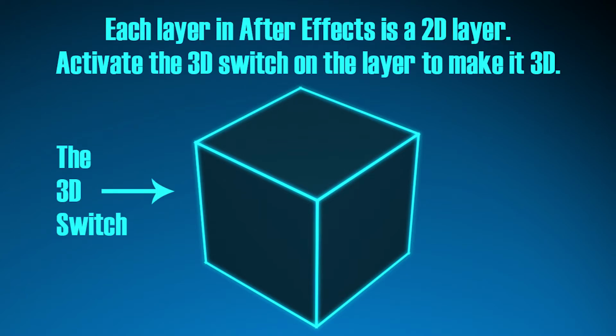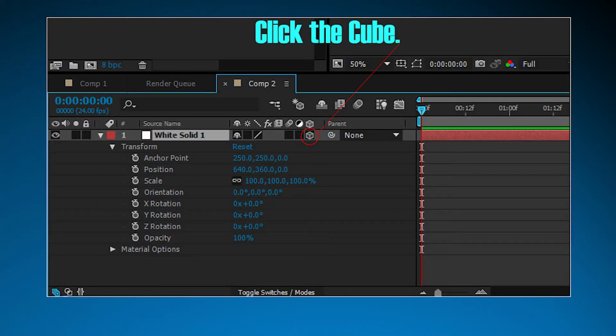space. The way that we do this is on each layer in After Effects, there is a switch. It's going to look similar to this cube that you see in front of you. It's called the 3D switch. And any layer that we want to animate or move in 3D space, we'll need to click that on. Now, what that will do is, along with the 5 basic transform properties, there'll be a few more properties added.